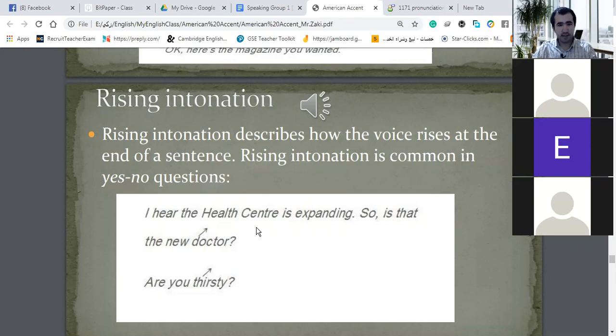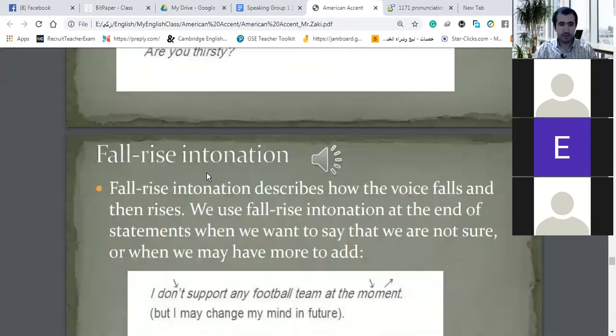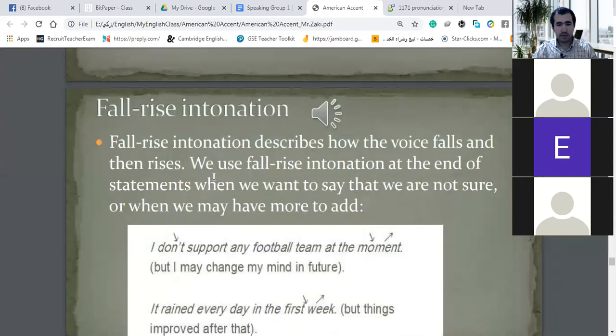Unstressed, falling intonation. Okay. Fall-rise intonation could exist in one word. Fall-rise intonation describes how the voice falls and then rises again. We use fall-rise intonation at the end of statements when we want to say that we are not sure or when we may have more to add, more things to say.